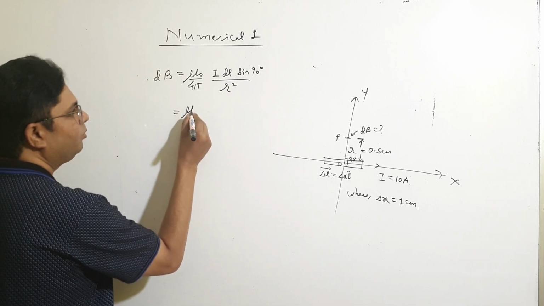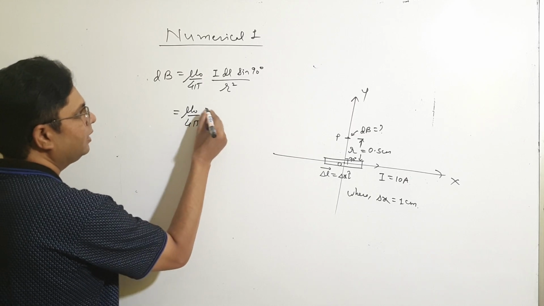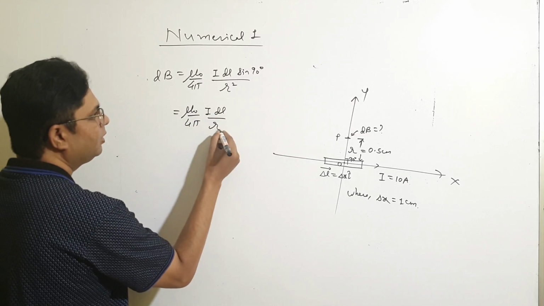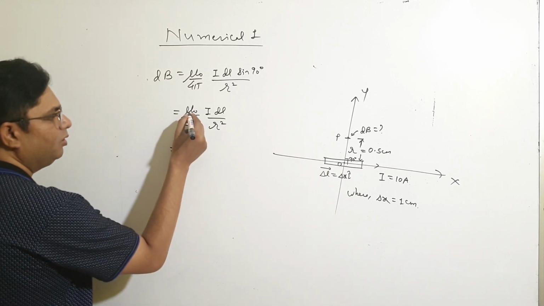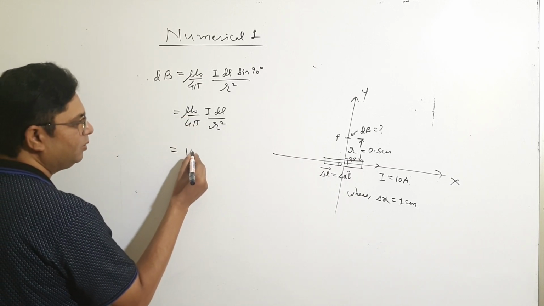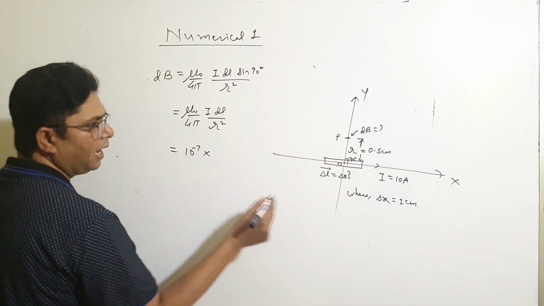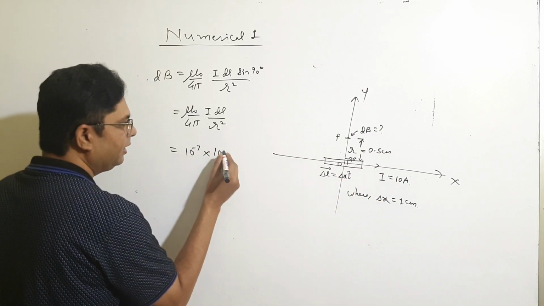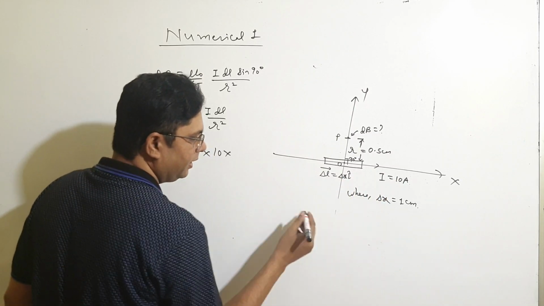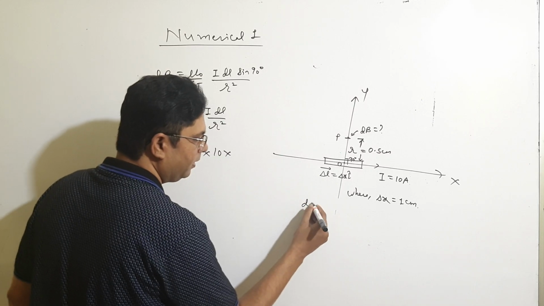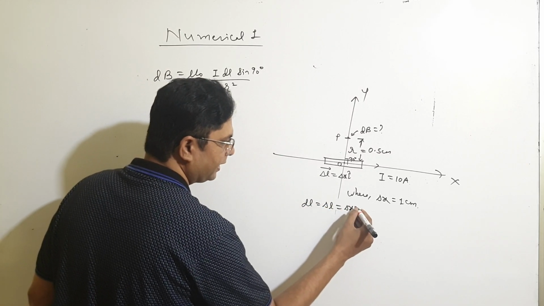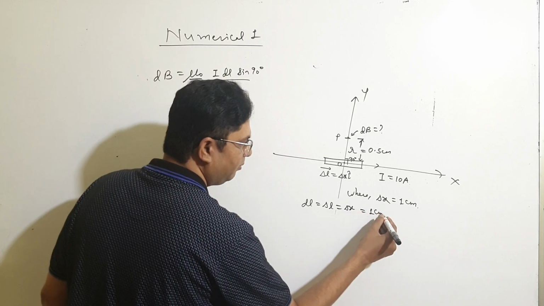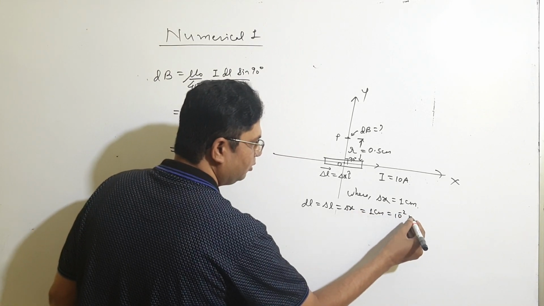So you have mu naught upon 4 pi, I dl upon r square. Now put the values. The value of mu naught by 4 pi is 10 to the power minus 7. I is 10 ampere here, and dl is equal to delta l, which is equal to delta x, and delta x is 1 centimeter, 10 to the power minus 2 meter.